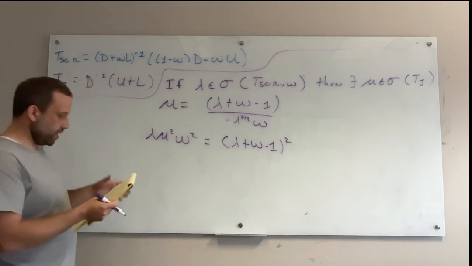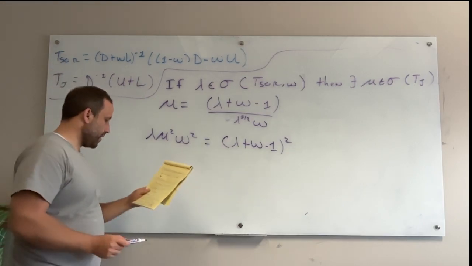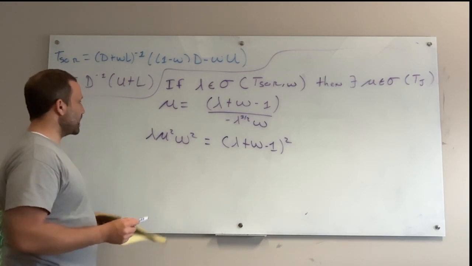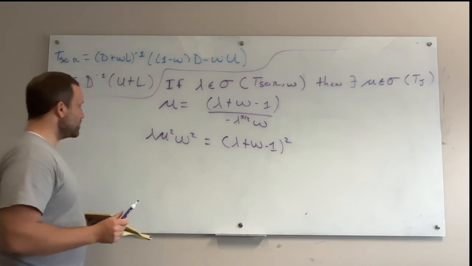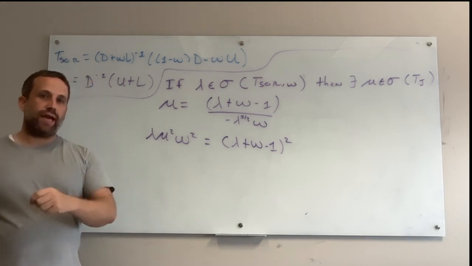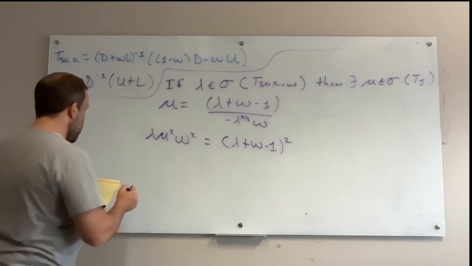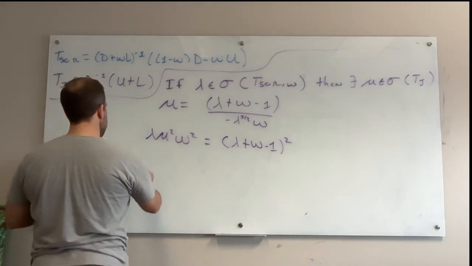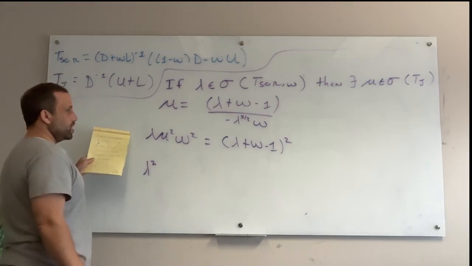Okay, so if we look at this and we square it and rearrange things, we can write this as a quadratic in lambda. We could also write it as a quadratic in omega, but we're going to think about this as a quadratic in lambda. In other words, given an omega and a mu, what are going to be the corresponding eigenvalues? And when we do this, we get the following. Oh, by the way, this right here is called Young's equation.